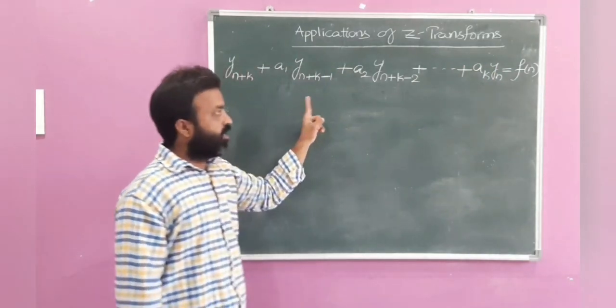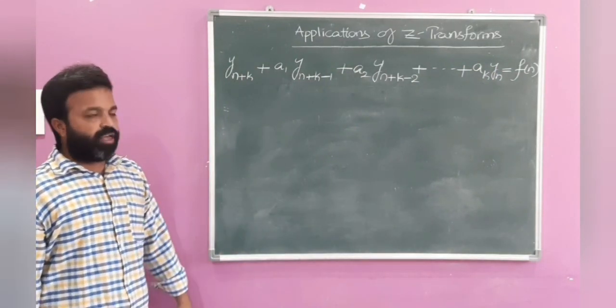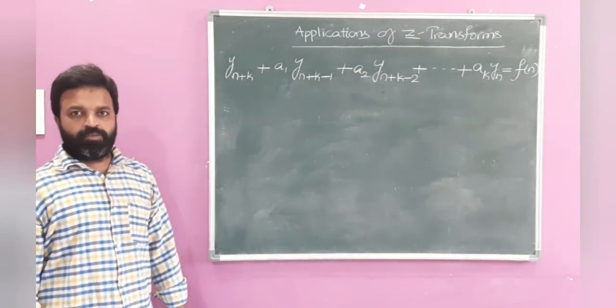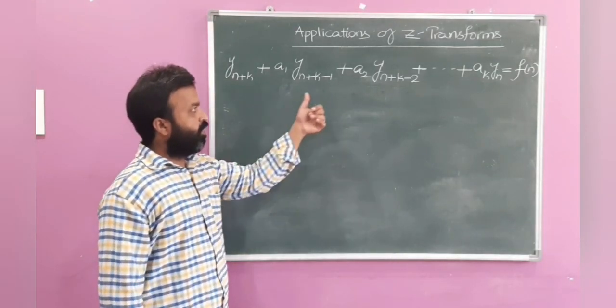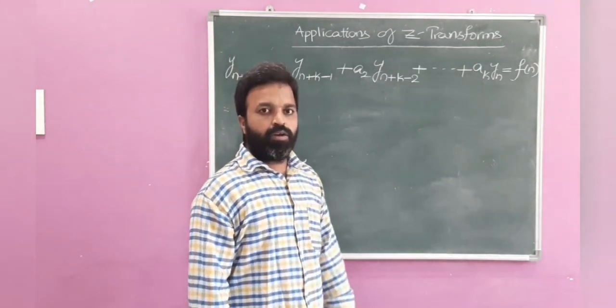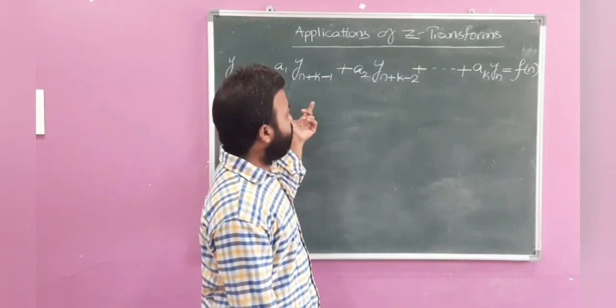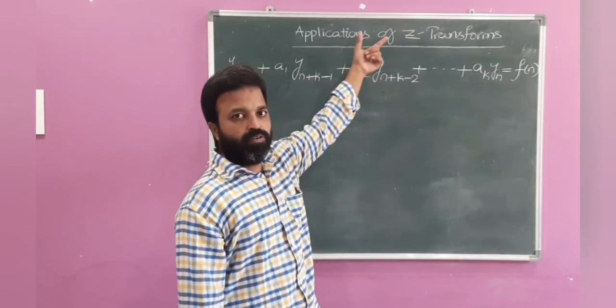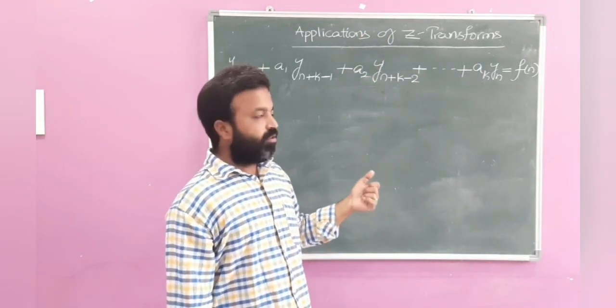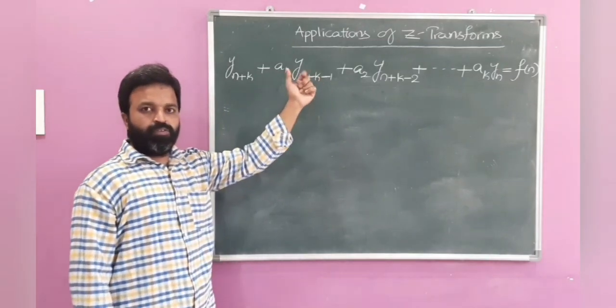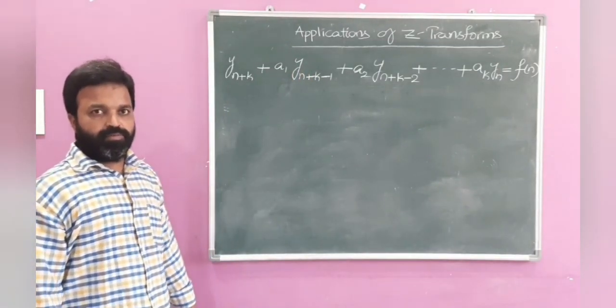If we have a relation like this, then this is called a linear difference equation where a1, a2 and so on ak are constants. So we will solve this difference equation by using Z transforms.